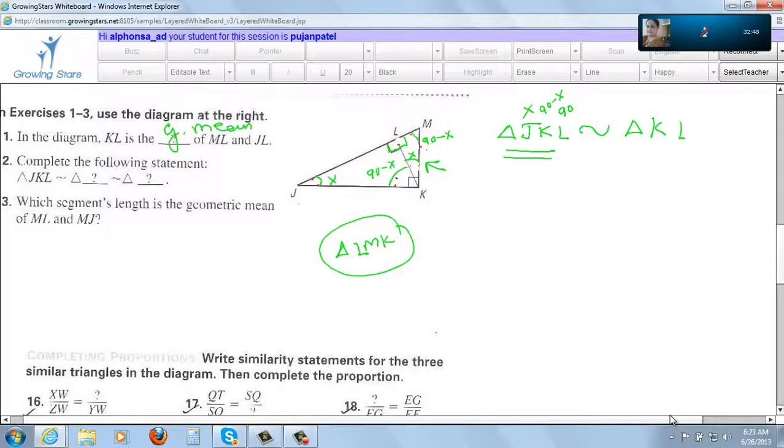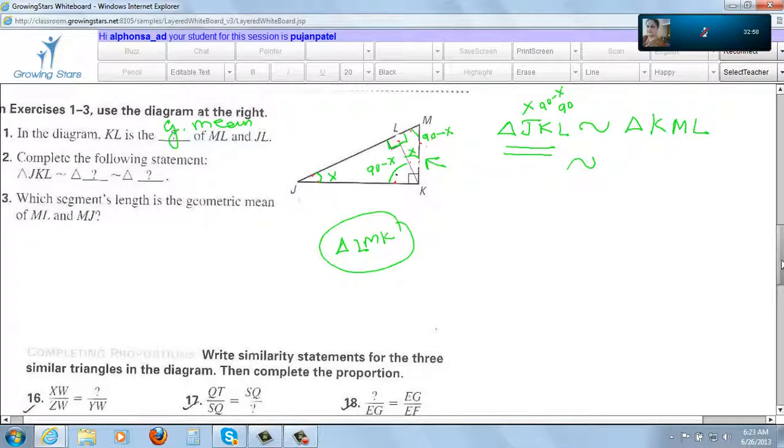So the second vertex is KML. Similar to the next one, the whole triangle, JMK. It's JMK. Good.